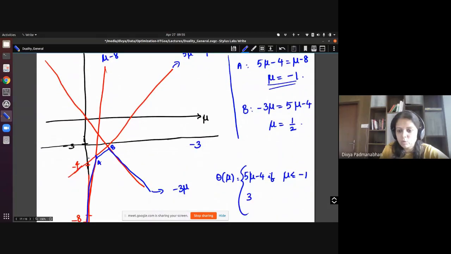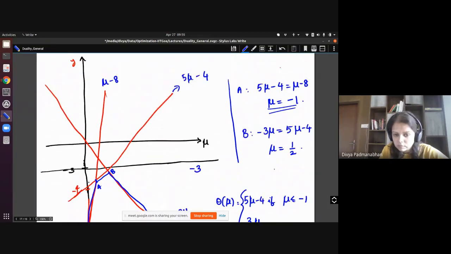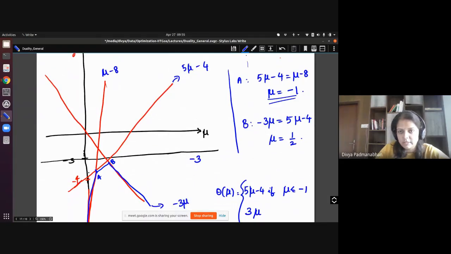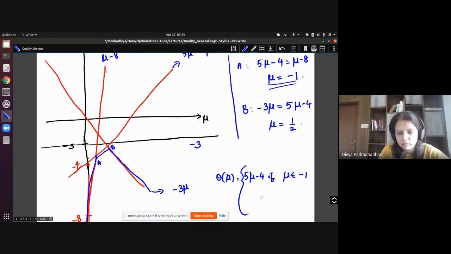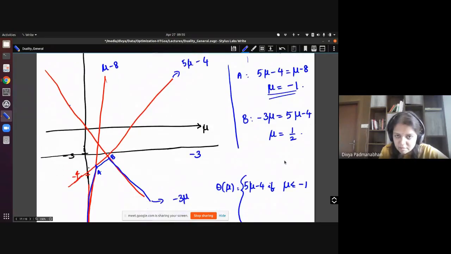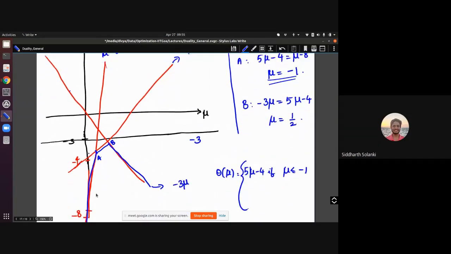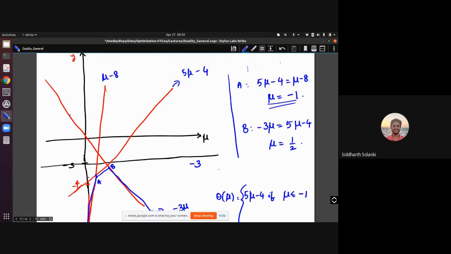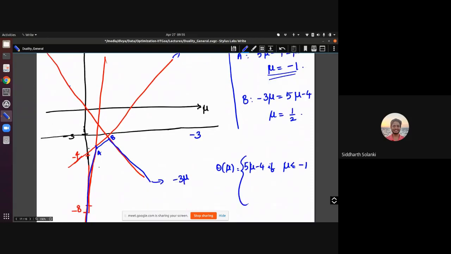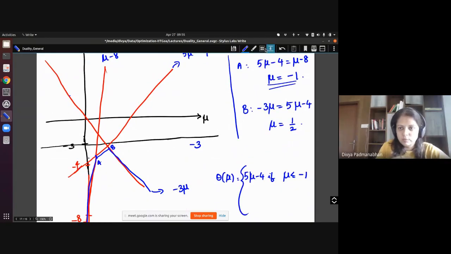So it is 3 mu. So what was the dominating? So sorry, it's phi mu minus 4, right? So the 3 mu is this line. So this is phi mu minus 4. Okay, did I again make some mistake here? Ma'am, for mu less than or equal to minus 1, then it would be mu minus 8. That line was lower. Oh, okay. True.